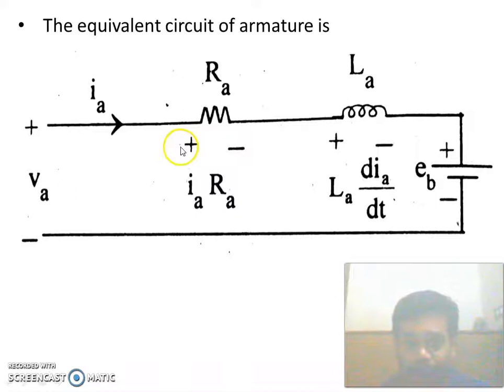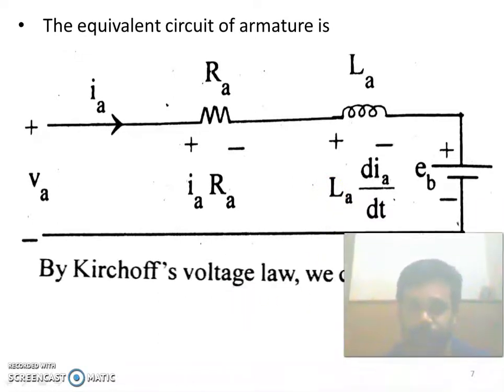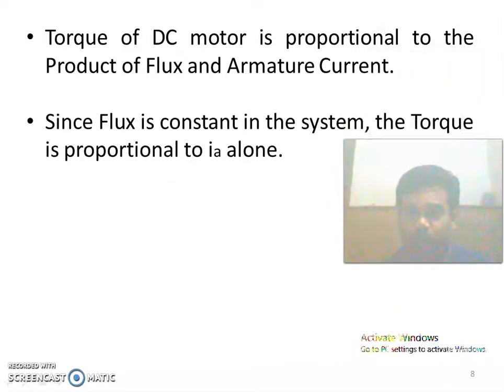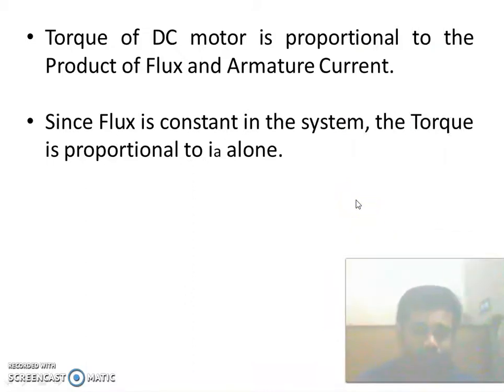Applying KVL, we get IA RA plus LA dIA by dt plus EB is equal to VA, or in other words, IA RA plus LA dIA by dt plus EB minus VA is equal to 0. Now, torque of the DC motor is proportional to the product of flux and armature current.